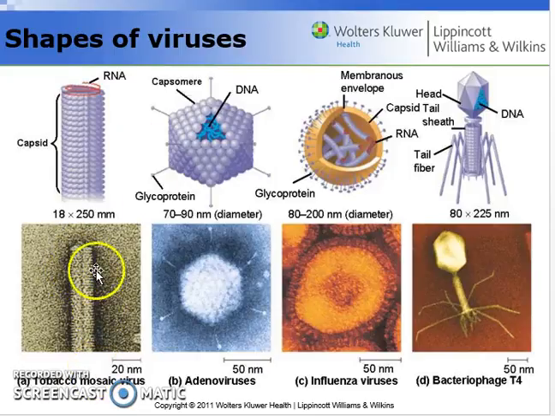Can't really stain the genetic material. Remember, these microbes are so incredibly small that we're not going to be able to see them with the naked eye, and we need very high powered microscopes to see them at a very high magnification. And so this mosaic virus is situated here, and again you can see the capsid.